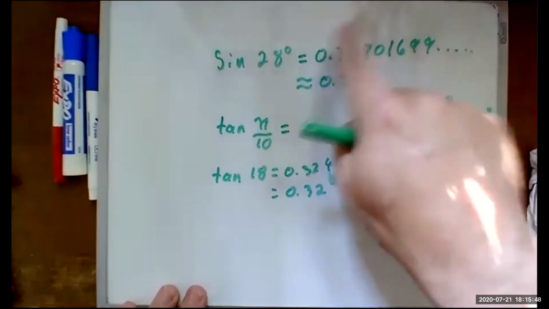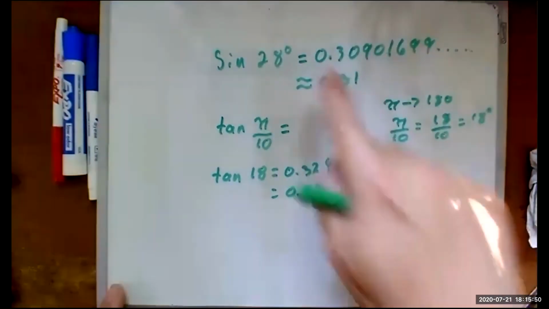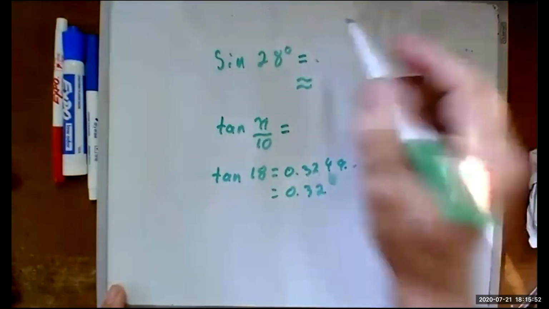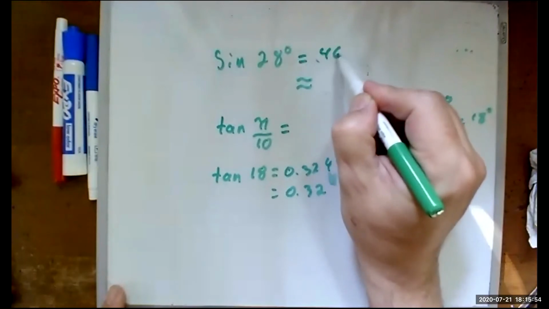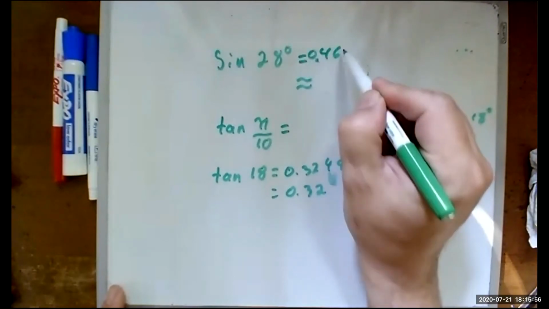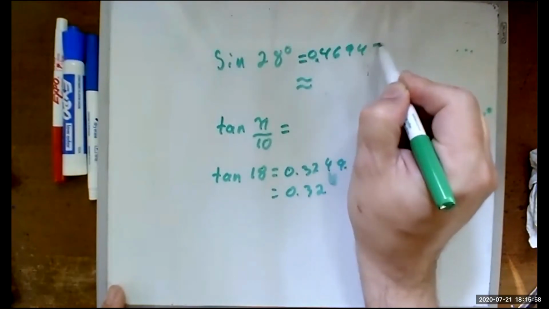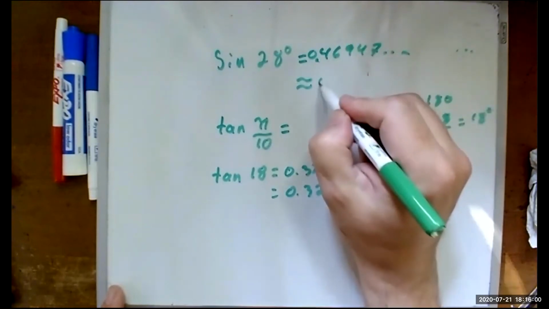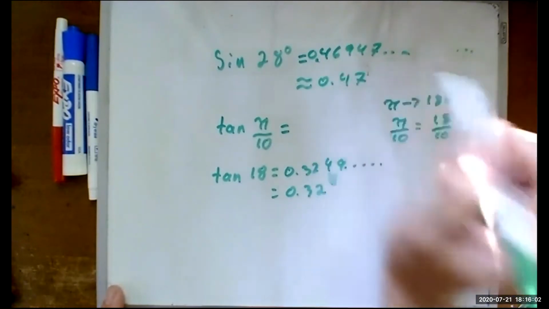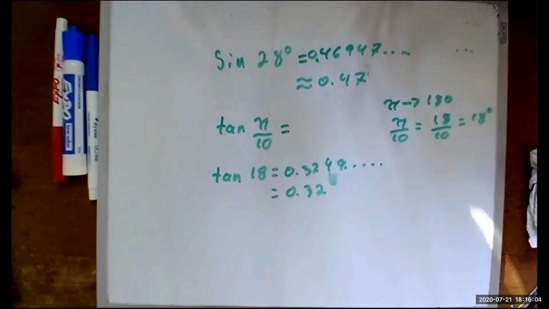I'm being told my calculator did the wrong thing. Hold on a second. Let me just double check it. Sine of 28. Sorry, what did I write down? Oh my. You're absolutely right, folks. I'm not quite sure what I punched in. It's 0.46947, etc., which should be 0.47.